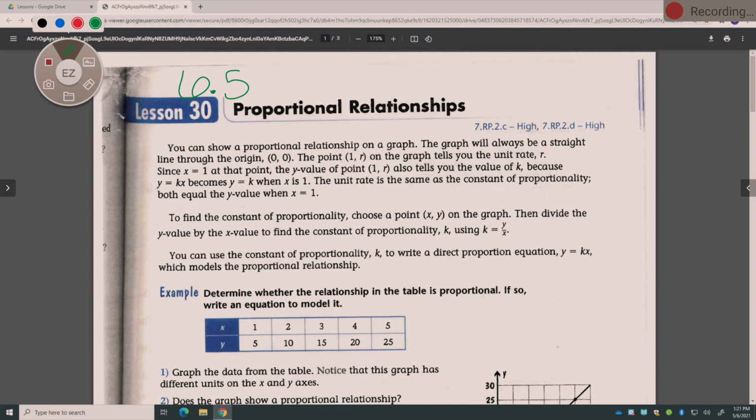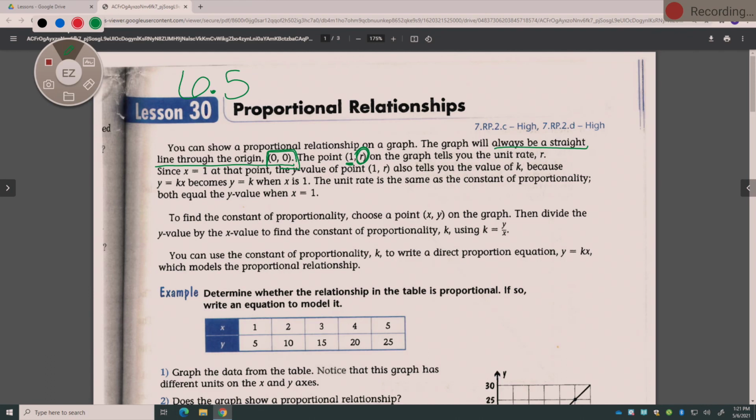So again, remember, a proportional relationship will always be a straight line that goes through 0, 0 on the graph. And then if we look at the point where x equals 1, that value of y is going to be our slope.